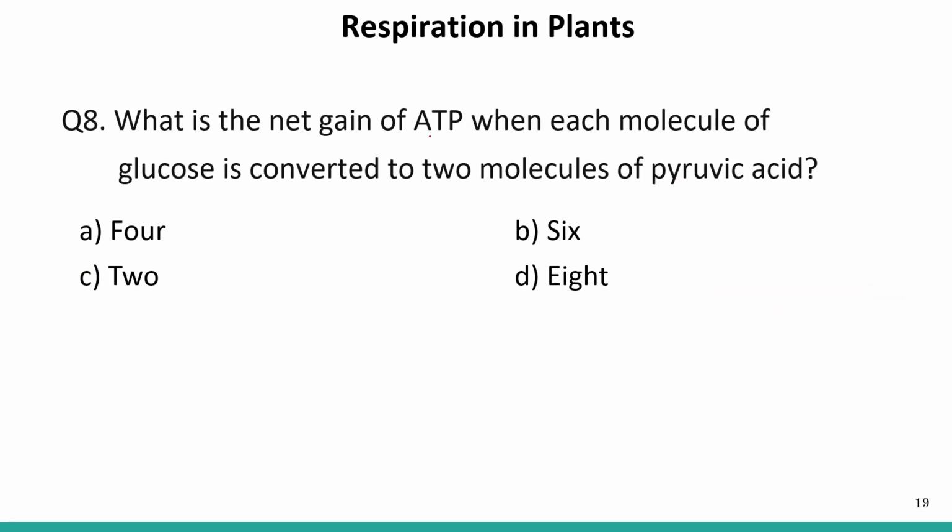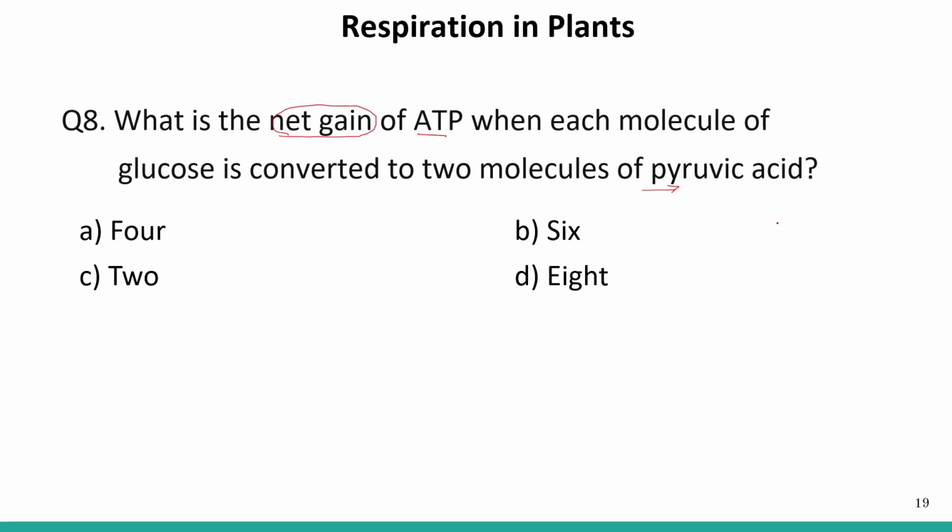Now, what is the net gain of ATP when each molecule of glucose is converted into 2 molecules of pyruvic acid? Here they are talking about glycolysis, and they are asking about the net gain.